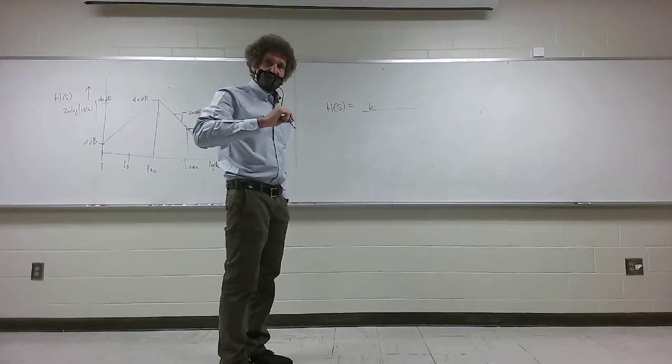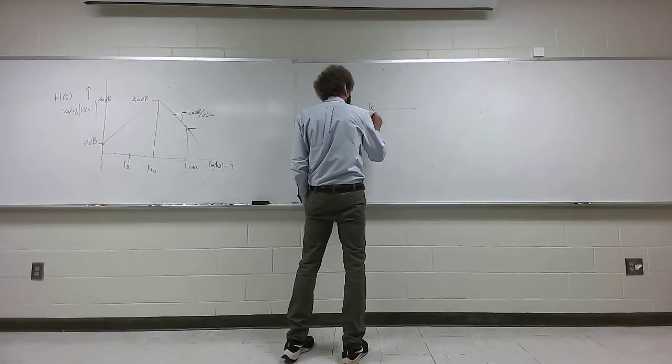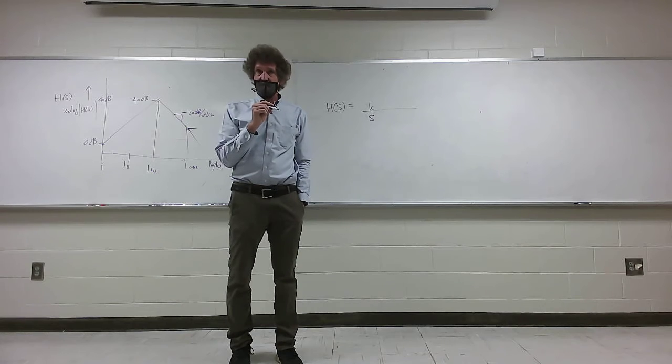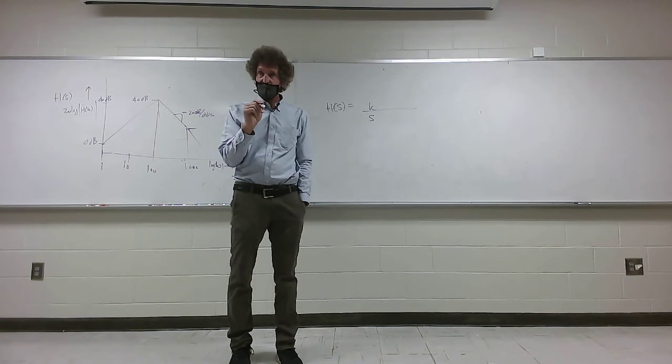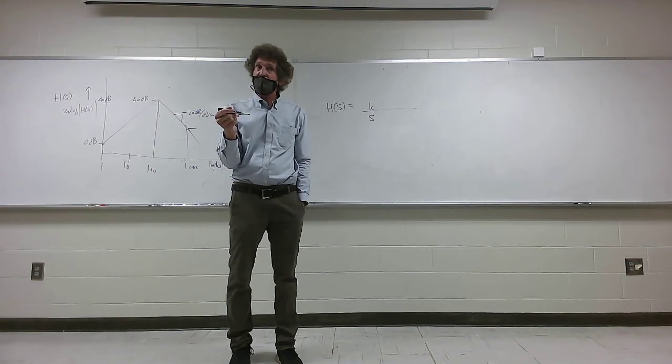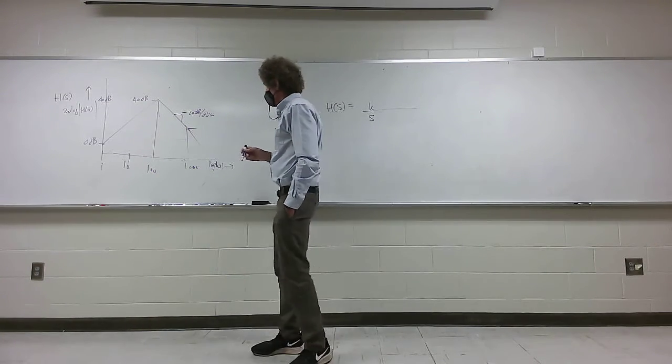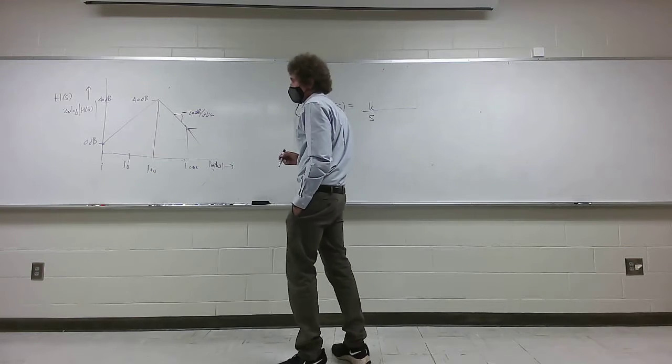It's a 1 over S term. That is the form of a capacitor itself. It has a 1 over J omega or 1 over SC type form. As the frequency goes to 0, the impedance goes to infinity. Y'all with me on that? Just trying to give you something to think about when you're plotting this. So now I've got 1 over S.